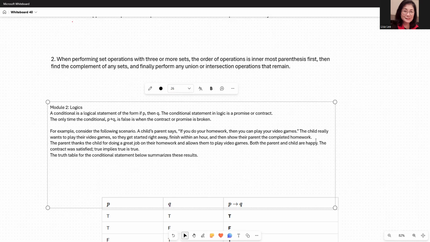The parents thank the child for doing a great job and allow them to play video games. Both parents and child are happy. The contract was satisfied. True implies true is true. The truth table for the conditional statement summarizes this result below.